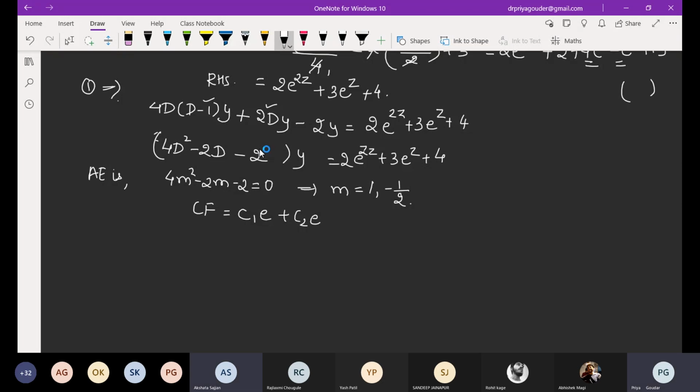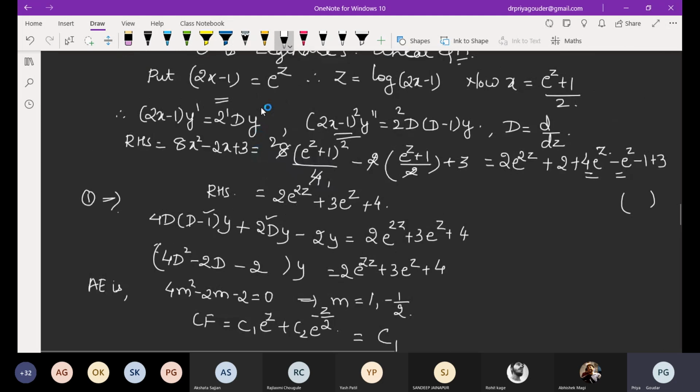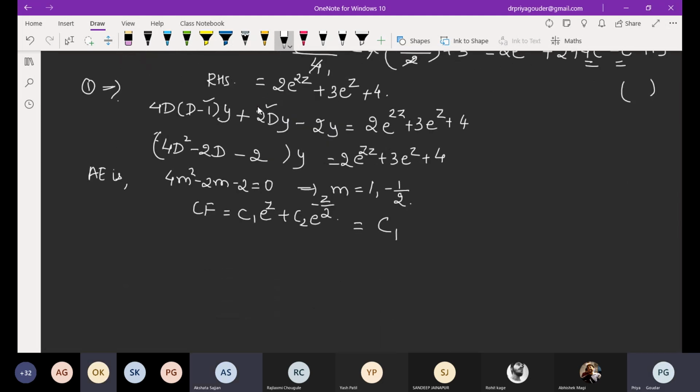C1 e raised to 1z and C2 e raised to minus z by 2. Right, in terms of x, what is e raised to z? It is 2x minus 1.